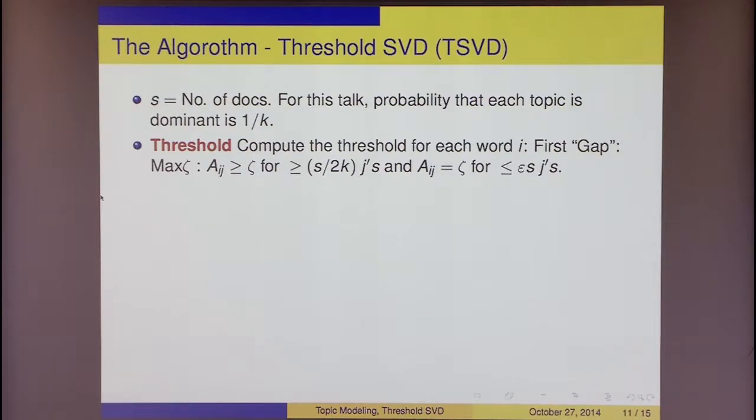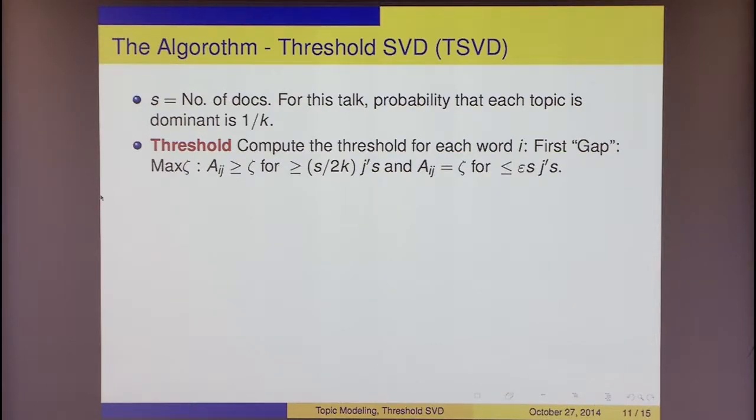So, for each word i, the threshold is going to be the first gap as you come from above. You take the maximum zeta so that a_ij is greater than zeta for 1 over 2k fraction of the j's. That's meant to be half of this. So you've captured half of a dominant topic. But then you look for a gap, such that at zeta itself, there aren't too many, epsilon small. Okay?